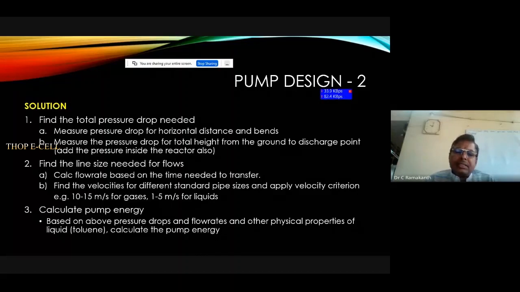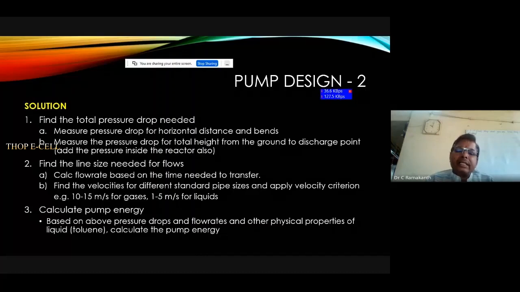That is how we try to adjust the velocity. For liquids, and for pumps it is liquids, it should be maximum between 1 and 5 meters per second. Typically 2 to 3 meters per second is used on the delivery side of the pump.